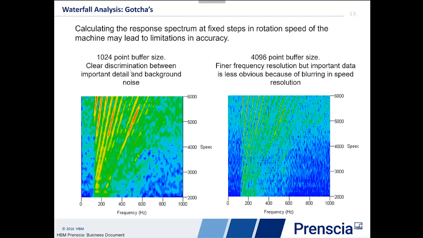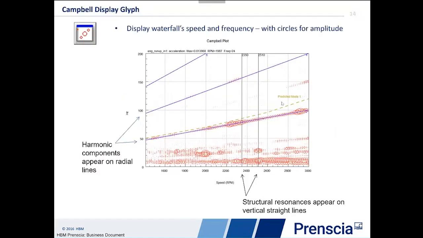Now, in terms of displaying those waterfalls, we've got another way of displaying those color maps. It's called a Campbell display. It makes it somewhat clearer sometimes. So you've got a cutoff below which the display stays white, right?